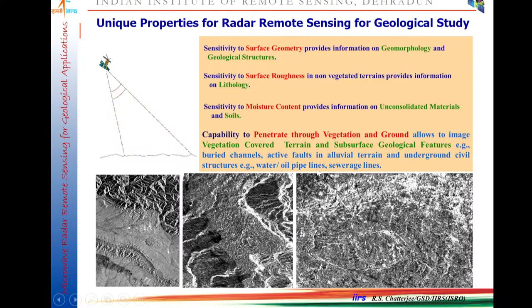Those kinds of features are very important, and can be observed in radar images, particularly where the surface moisture is not high, like in arid and desertic regions. Also, underground civil structures like water pipelines, oil pipelines, and sewerage lines can be identified. But in case of satellite-based radar this is not much possible because it can penetrate only a few meters. Ground-based radar is more important for that.